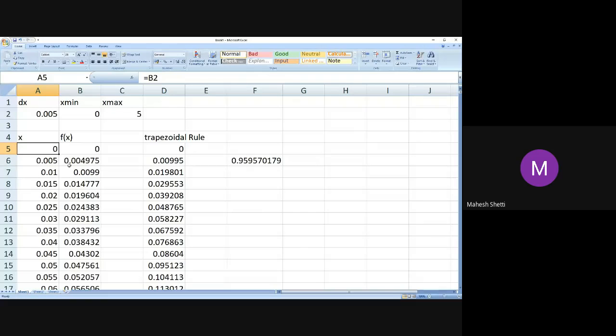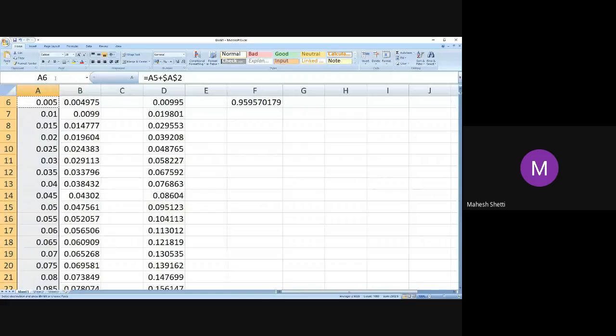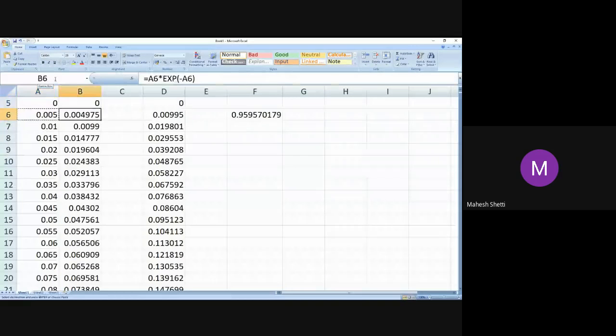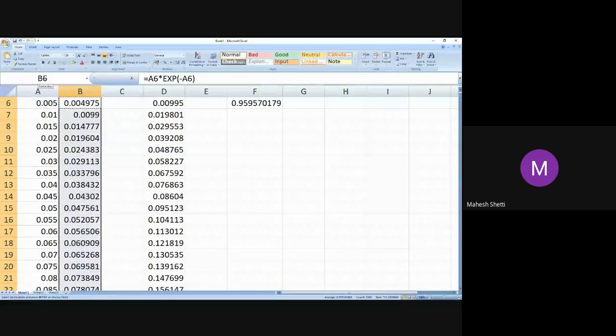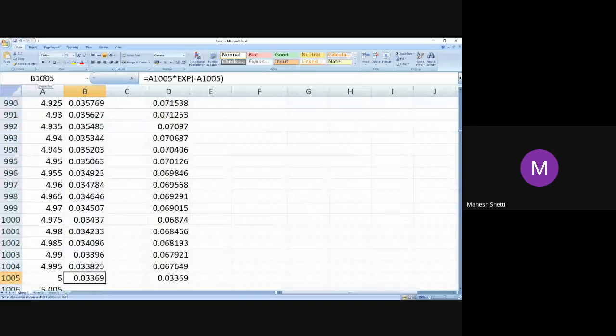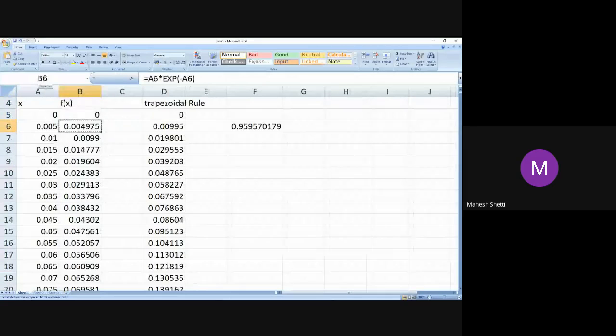I may write this formula, copy this formula to A5005. I may copy this formula to B, instead of 1005, I'll take it to B5005. Sorry, I didn't apply it.